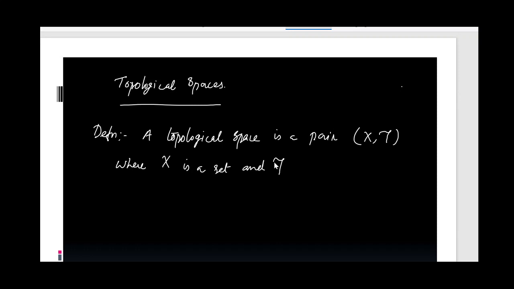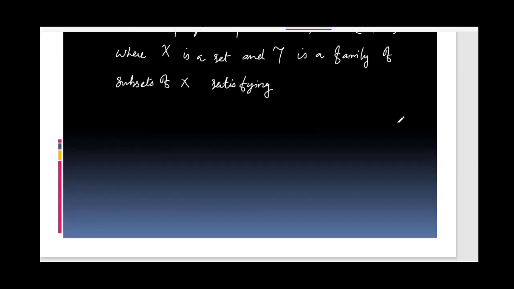But in your textbook, everything in this version is given as script capital letters of the English alphabet, so I am pronouncing this as T. And T is a family of subsets of X satisfying three conditions.